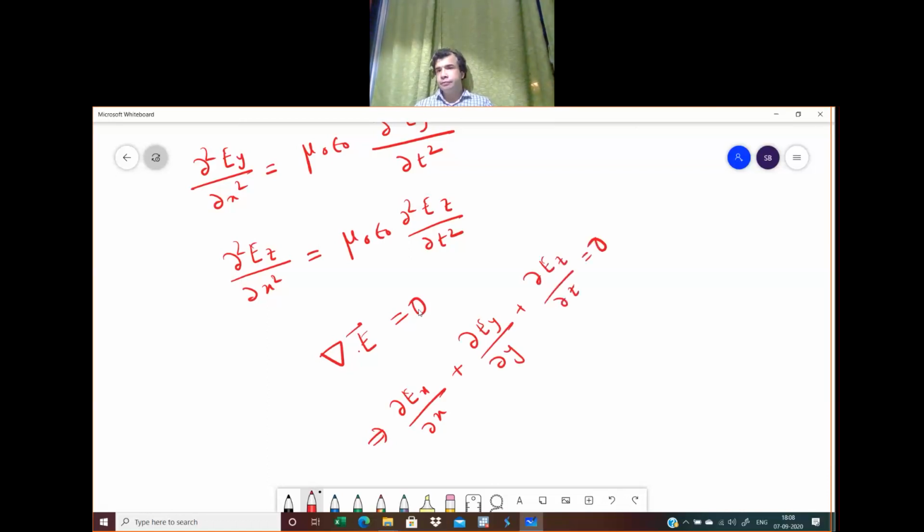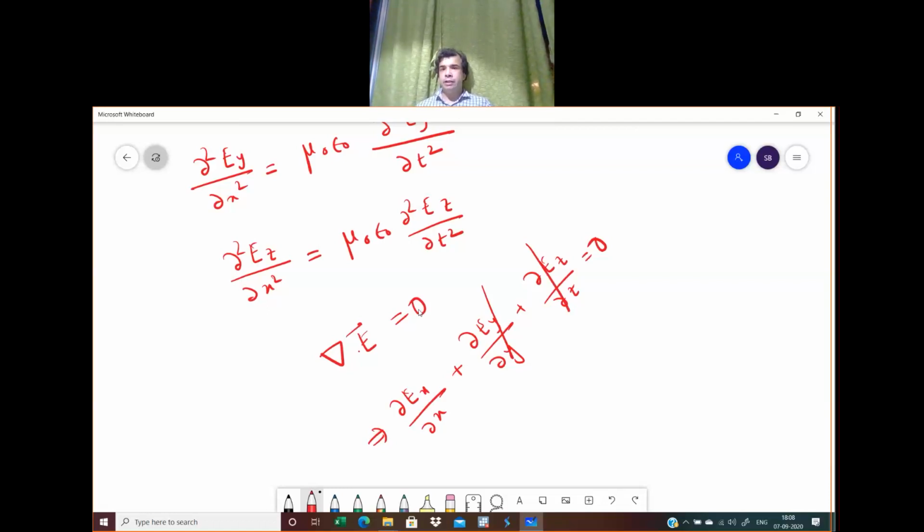We can write, by expanding the gradient, but from the plane wave assumption del y and del z must be 0.